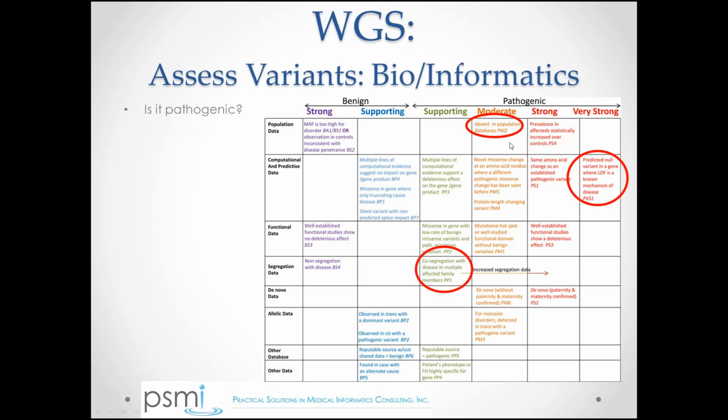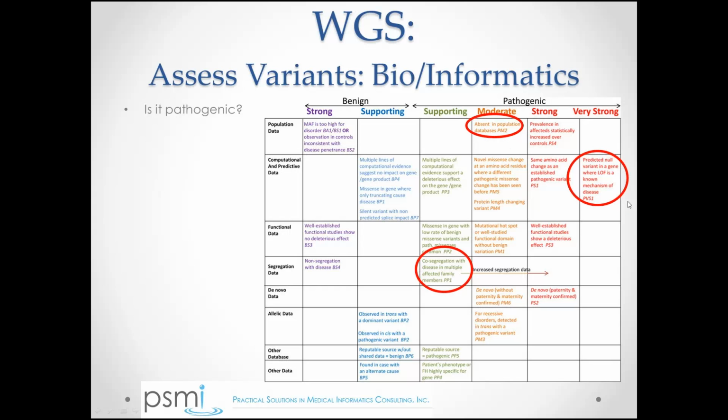We would think that if we found that this variant was prevalent out there in patients that didn't have any phenotypic signs of familial hypercholesterolemia, it'd be kind of surprising that that was the culprit variant. But in this case, we don't see that variant out there, and that provides moderate evidence.